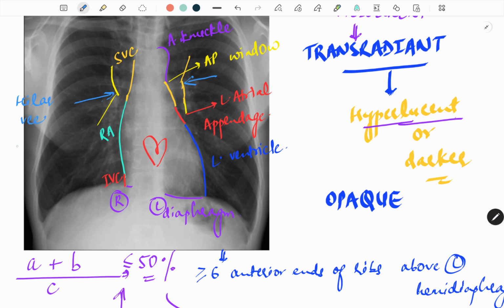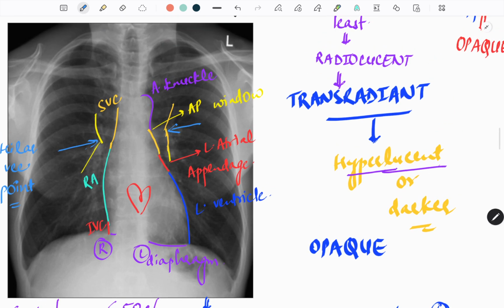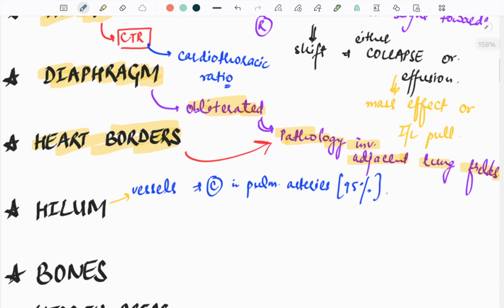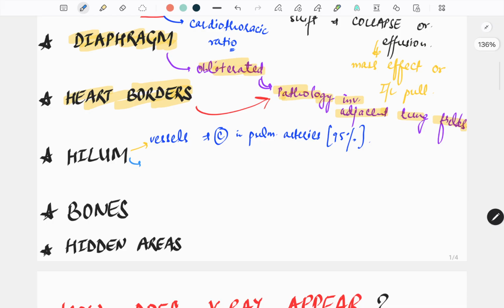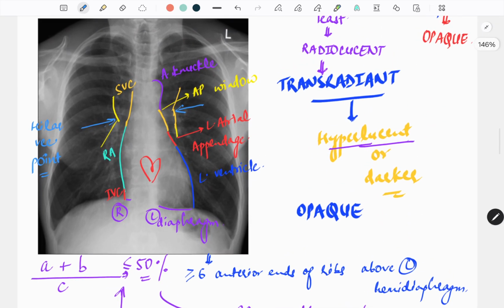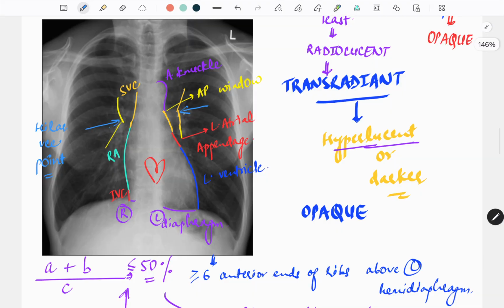Now we'll assess the hilar V point. We'll compare the hilar V points of both sides. As you can see here, the left hilar V point is located superiorly as compared to the right one.